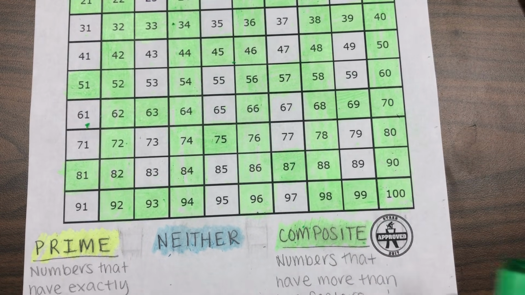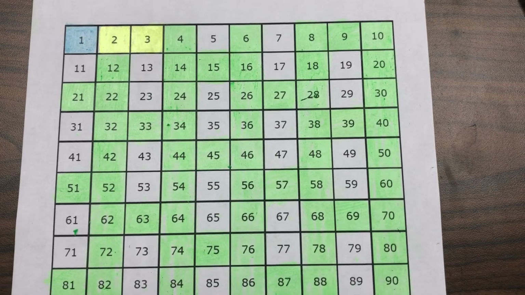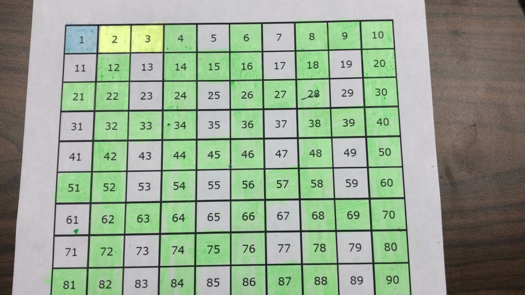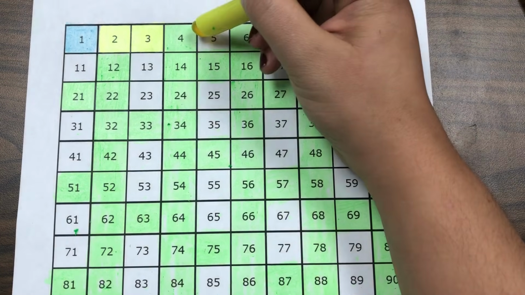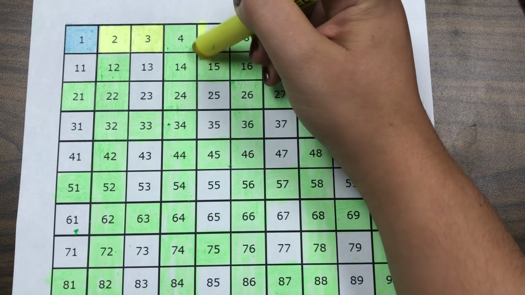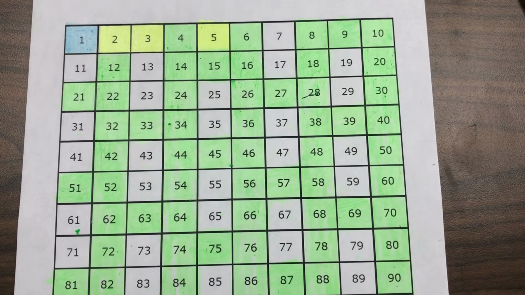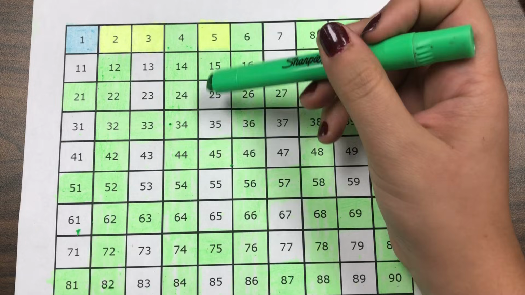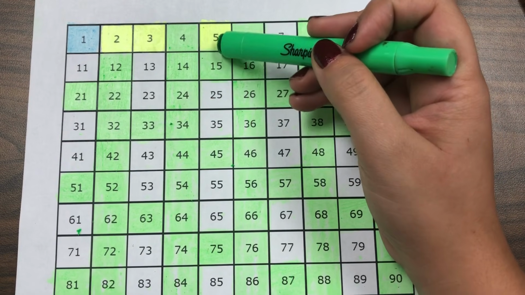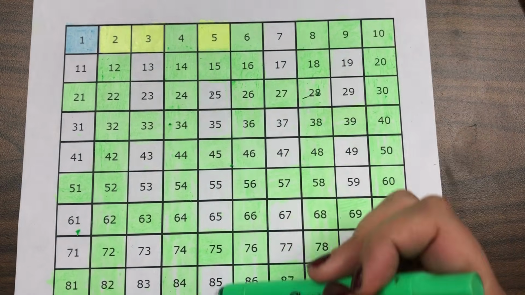Okay, now let's go to the next prime number. The next prime number is 5. So we're going to color that yellow. Now, 5s are easy because all the multiples of 5 have a 5 or a 0 at the end. So if you notice, all of the 5s are right here.